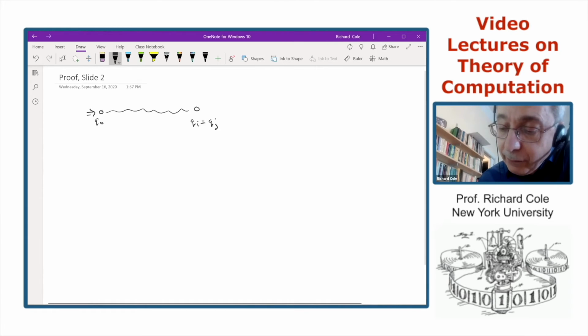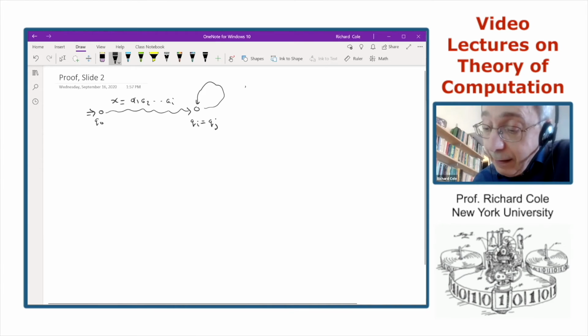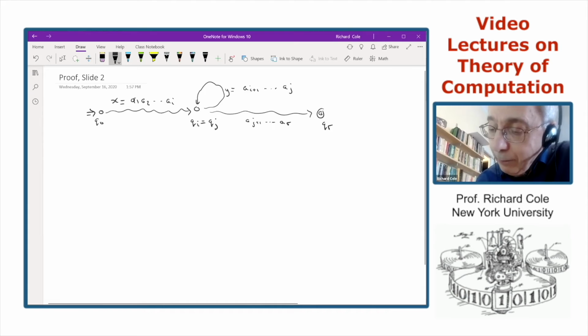There's an initial portion of the string that we read, namely A1, A2 through Ai, and let me call that X. Then the next portion takes us from Qi to Qj, meaning back to Qi, and that's Ai+1 through Aj, and let me call that Y. And then the final portion of the computation brings me to QR, and that happens on reading Aj+1 all the way up to AR, and let me call that portion Z.